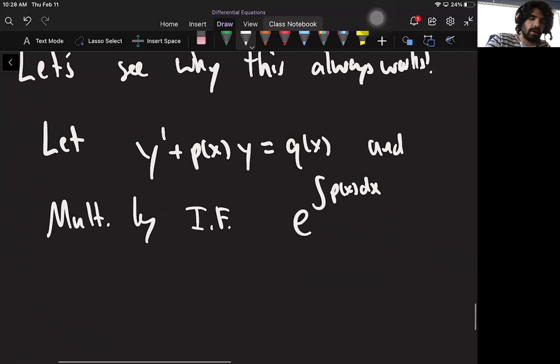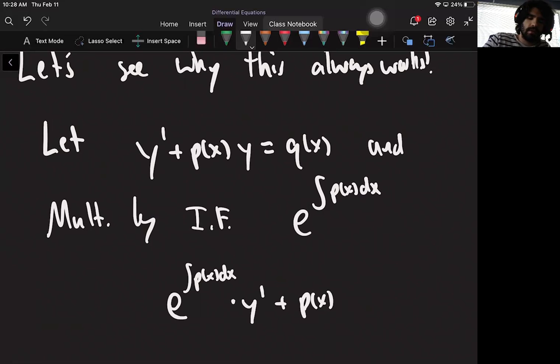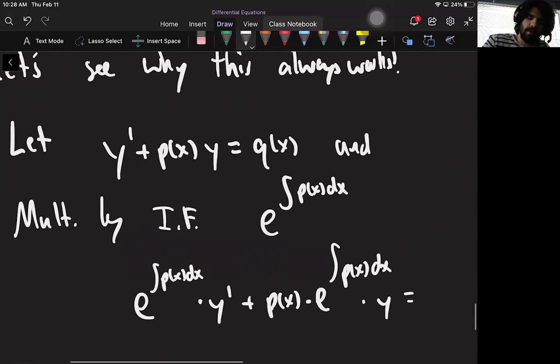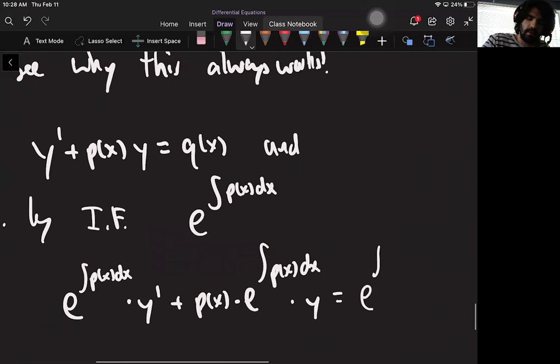Okay, so let's multiply by it. So I get e to the integral p of x dx times y prime plus p of x times e to the integral of p of x dx times y equals e to the integral p of x dx times q of x. Okay.